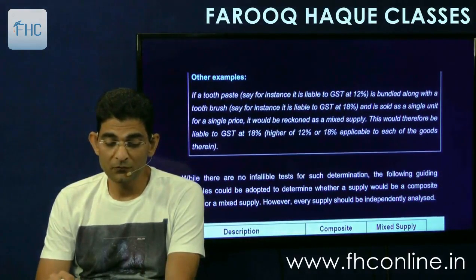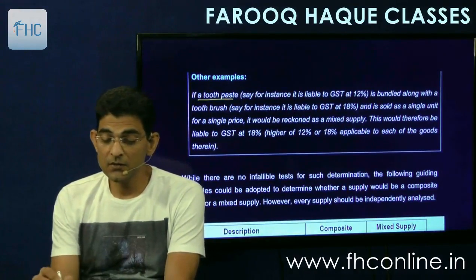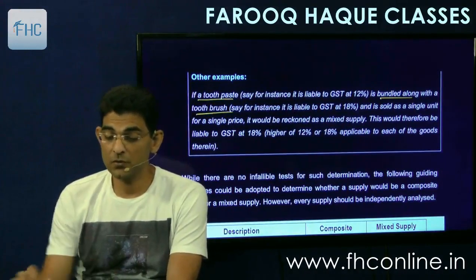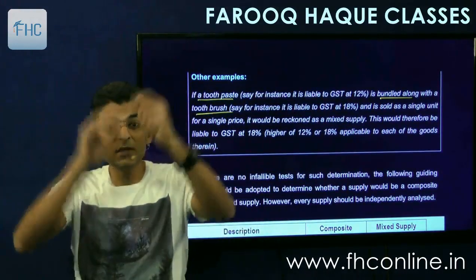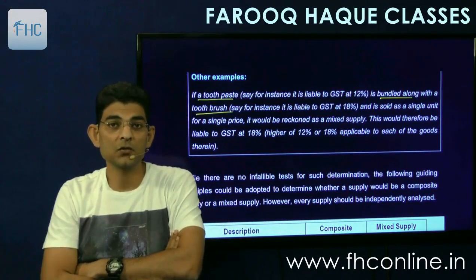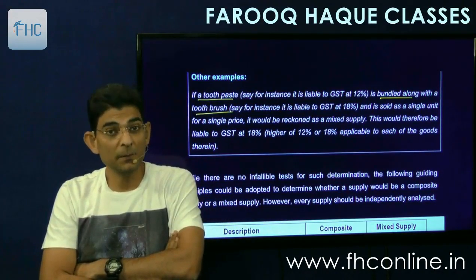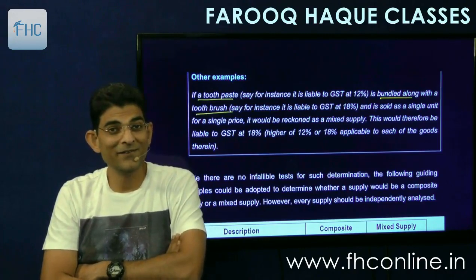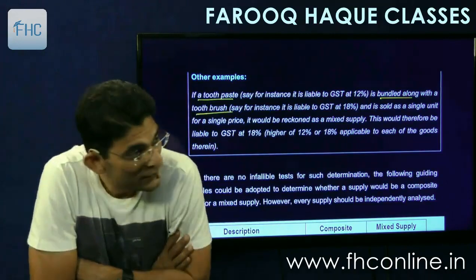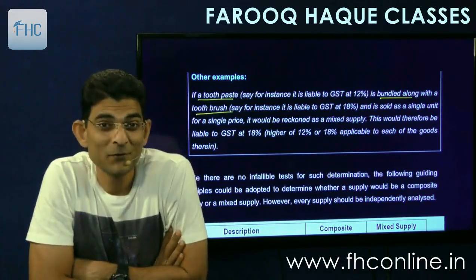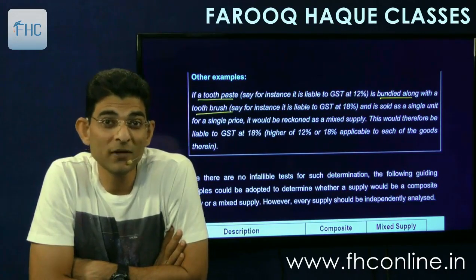Other example is given, if toothpaste is bundled with toothbrush. We are packing two things together and selling it to customer. Toothpaste and toothbrush. So are they interdependent? Very dicey situation. You would say yes sir, they are interdependent, because toothbrush and toothpaste are used together.